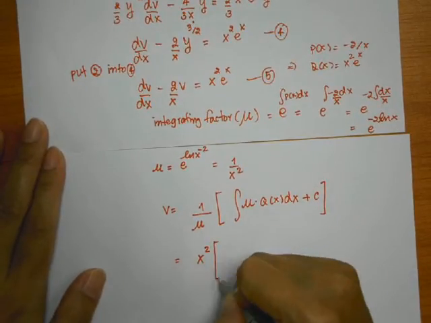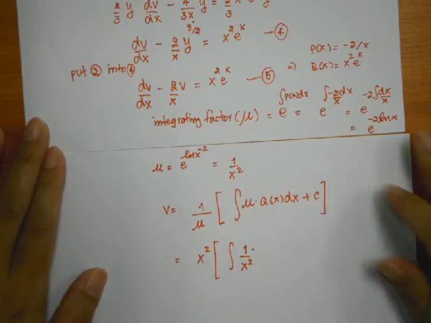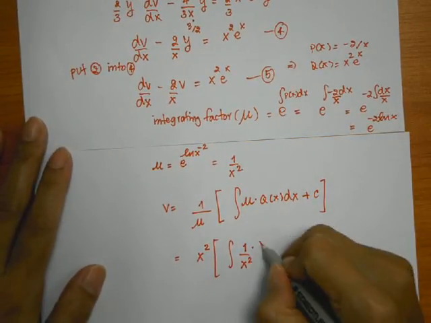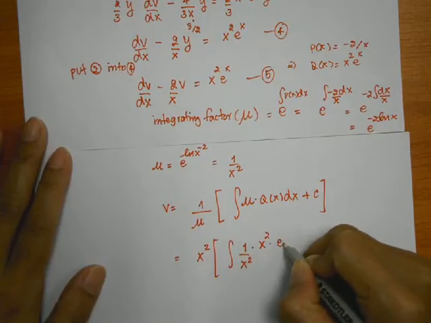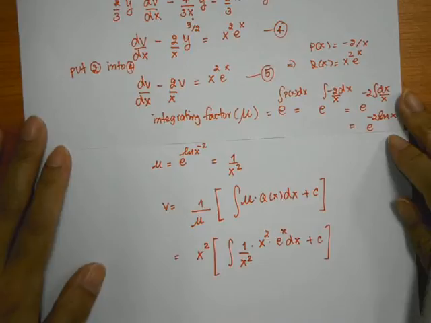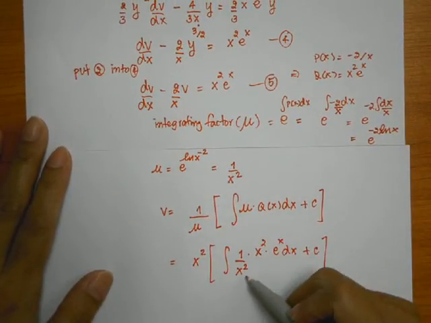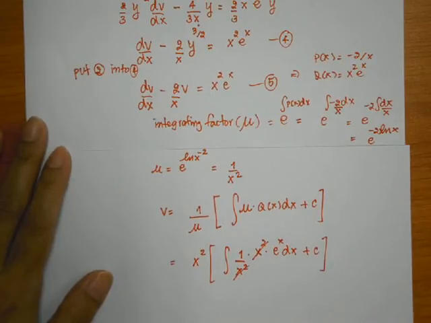And inside there, 1 over x squared times q(x), which is x squared times exponential of x. You see x squared there and x squared there, they cancel out. So inside you have only the integral of exponential of x dx, which is equal to exponential of x.